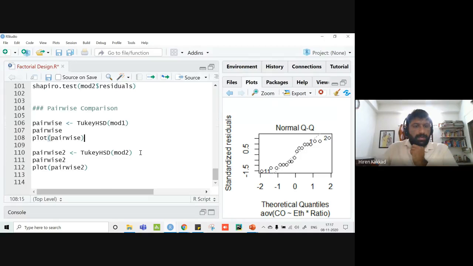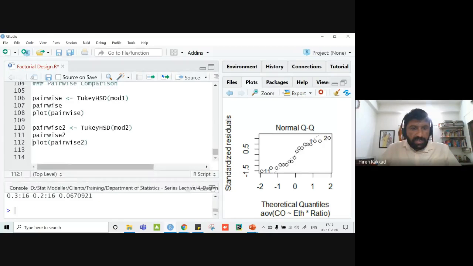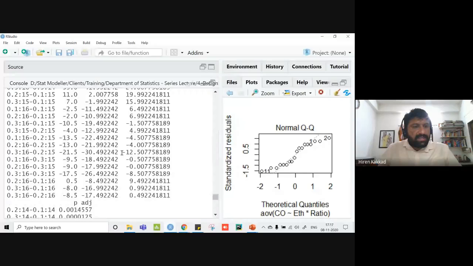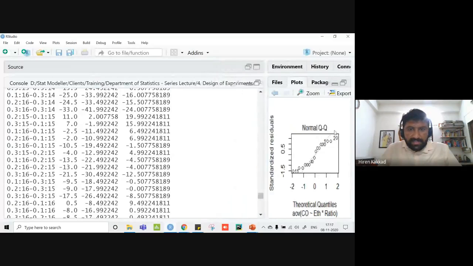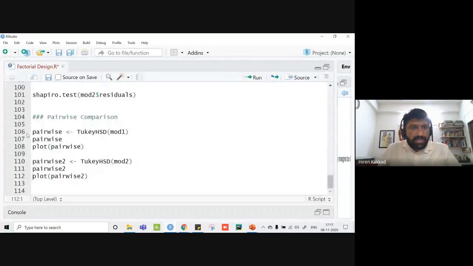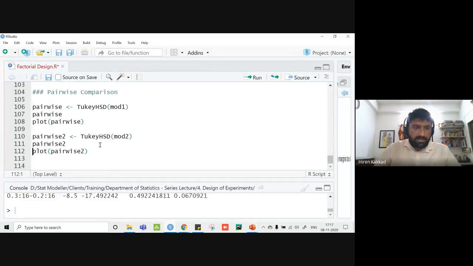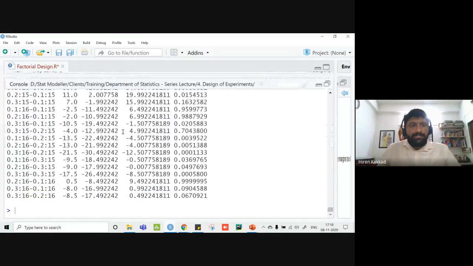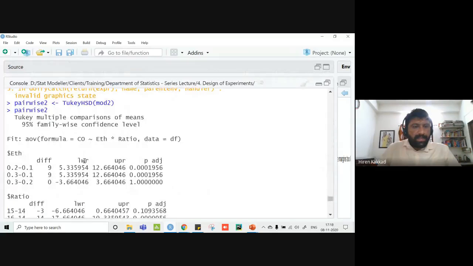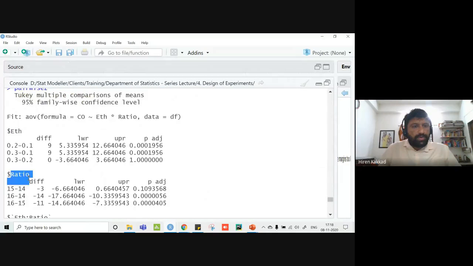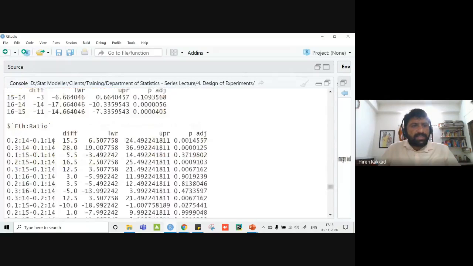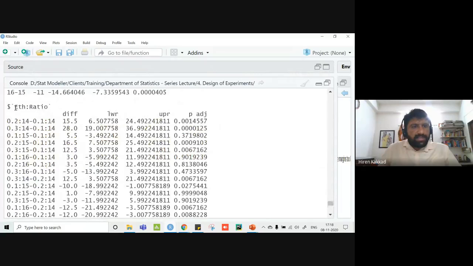Now let us perform the same pairwise comparison with model 2. For ethanol and ratio, it is the same as what we discussed just now, but it has also given the ethanol versus ratio difference.